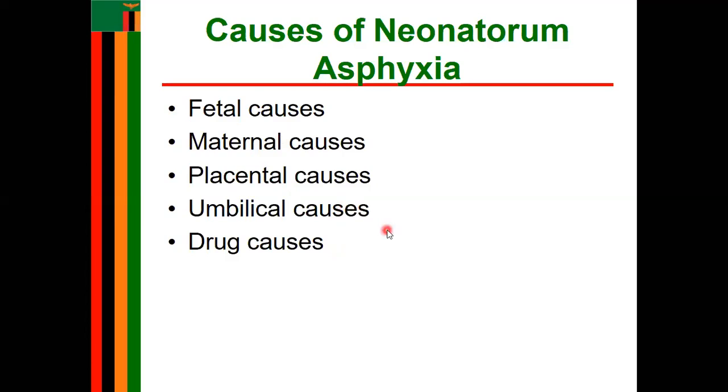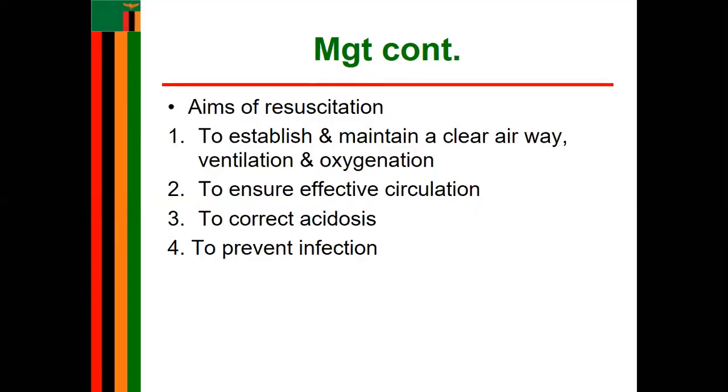So when it comes to managing asphyxia neonatorum, this is an emergency condition. Therefore, you're going to have aims such as to establish and maintain a clear airway, ventilation and oxygenation. Apart from that, to ensure effective circulation, to correct acidosis, and to prevent infection.